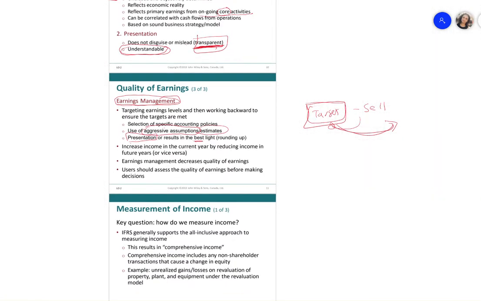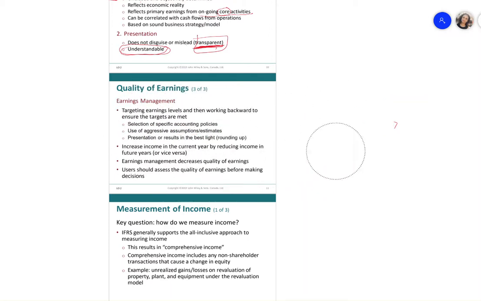Now, sometimes earnings management decreases the quality of the earnings. Users should assess the quality of the earnings before making a decision. The quality is very important: where the earnings are coming from, the quality of the earnings, is important before we invest in the company. So any decisions we make, we need to assess it before we make the decision.